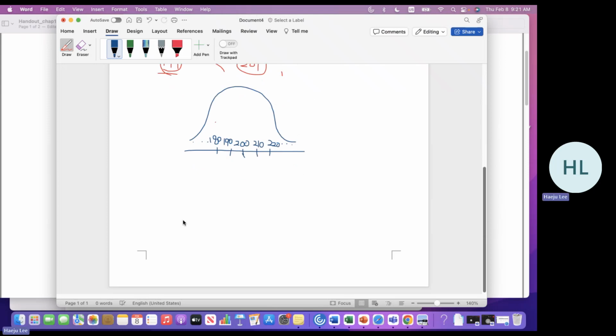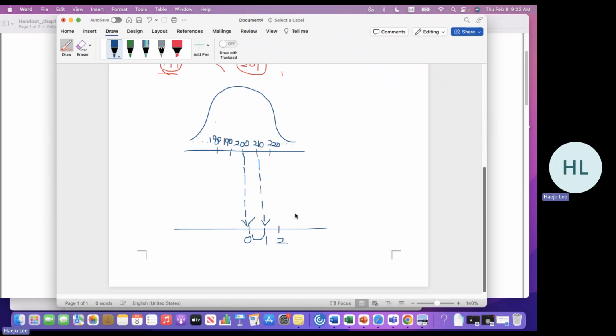So when we change this distribution into the G scale, the G distribution, the mean is 0, not 200. And one standard deviation from the mean is 1, not 210.